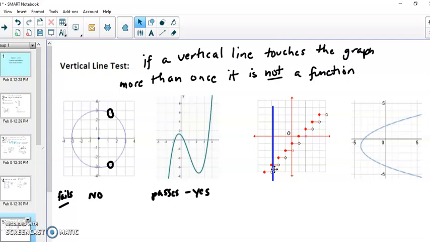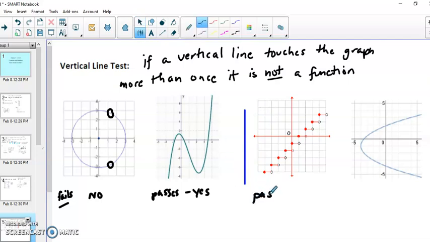This is an open circle and this is closed. And so what you see is that it never does touch more than once. This third one passes. And we're going to say, yes, it's a function.